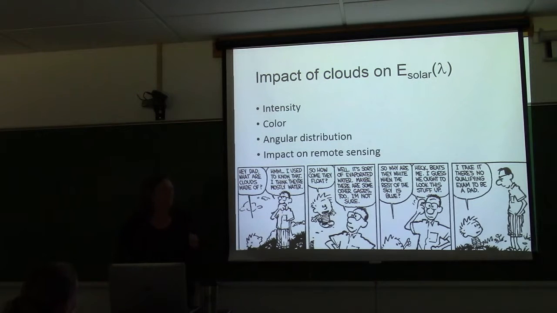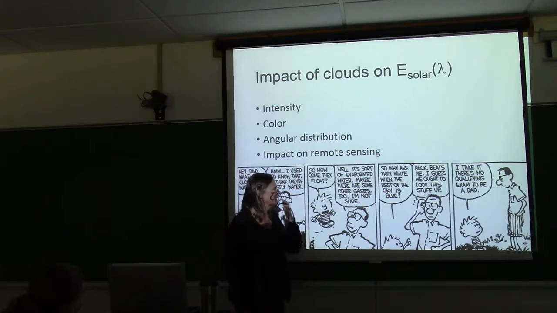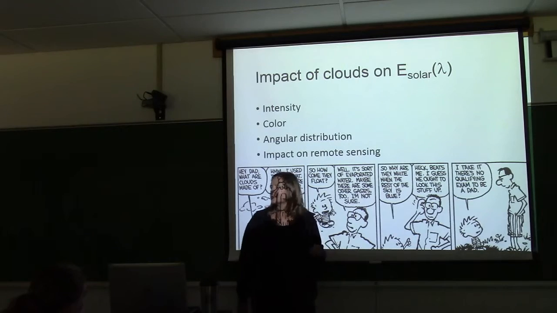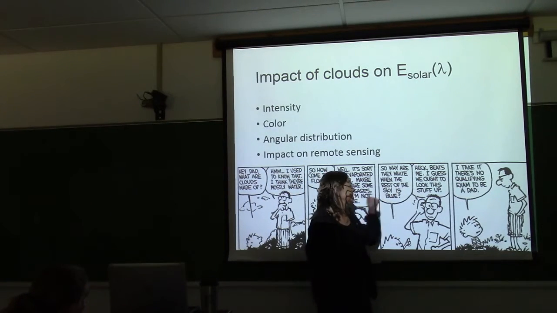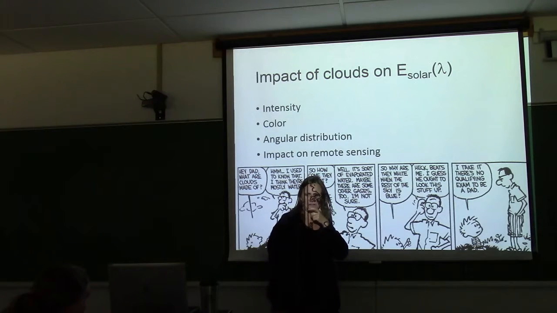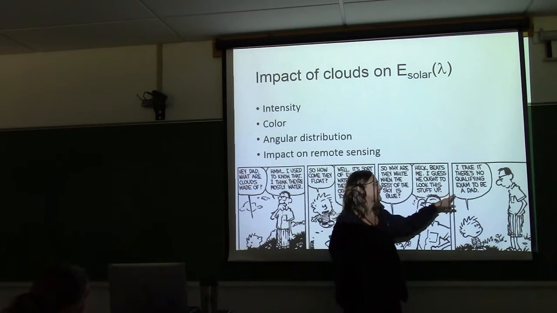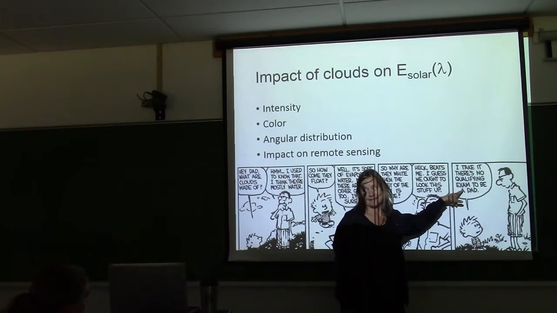I think they're mostly water. So how come they float? Well, it's sort of evaporated water, and maybe there's some other gases in there, too. I'm not too sure. So why are they white when the rest of the sky is blue? says 6-year-old Calvin. Well, heck, beats me. I guess we should look this stuff up. Oh, I take it there's not a qualifying exam to be a dad.